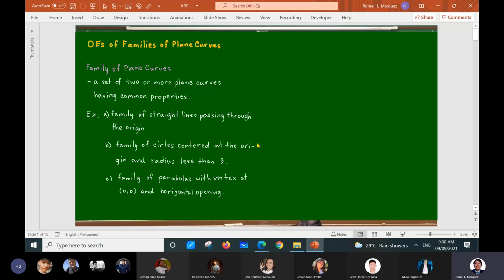So it means it opens either to the right or to the left as long as the vertex is at the origin. Okay, guys? So these are some examples of family of parabolas with vertex at (0, 0) and opening either to the left or to the right. As long as those are the properties, they belong to the same family. Okay, guys?